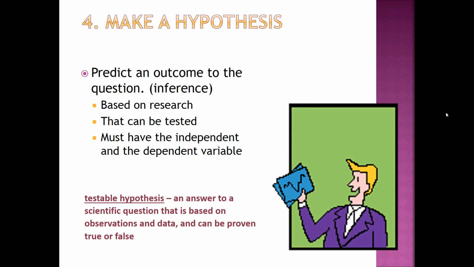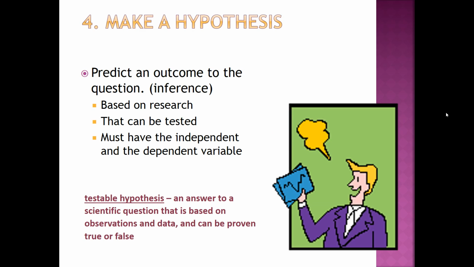Let's say water could be boiled at 95 degrees Celsius. Maybe that's what we want to figure out. So we're basing our hypothesis off of research we already found out. And it can be tested. So we can literally find out in a science lab at school if water can be boiled under 95 degrees Celsius.